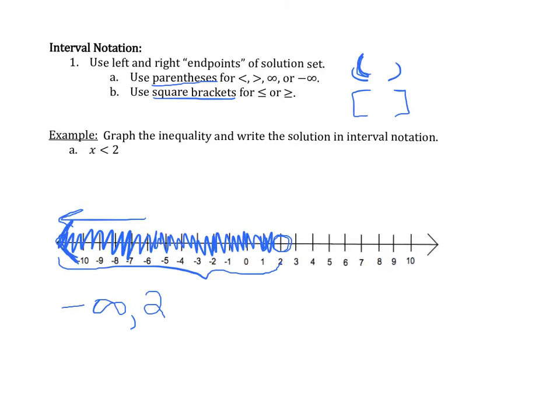Every time I put an infinity or a negative infinity, I'm going to use a parenthesis. But anytime I have an open circle, that's going to let me know that I have a parenthesis when I write in interval notation. That means I don't include that number there. Had I extended indefinitely to the right here, I would have used a positive infinity instead of a negative infinity. All right, so that's the difference between positive infinity and negative infinity.